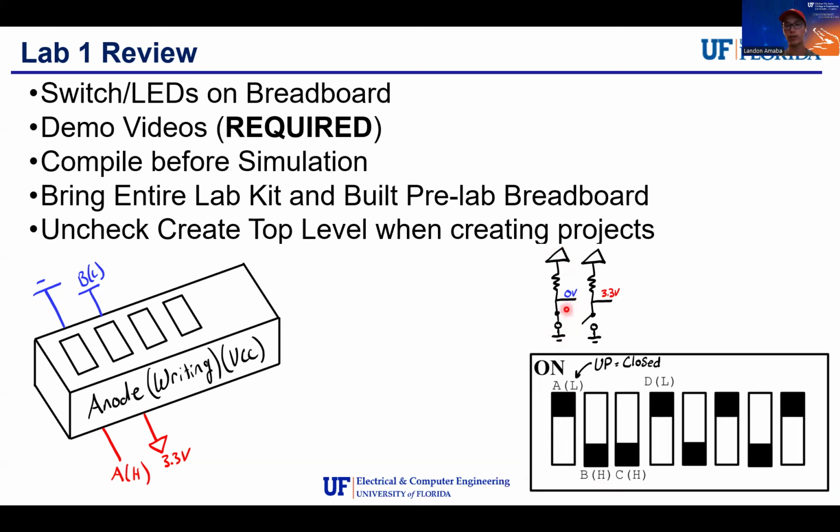So when the switch is closed, this signal will get pulled down to ground, and 0 volts for our active low signals is the true position. Consequently, when this is down low, it means the switch is not closed, so there's no connection to ground, and the output will be 3.3 volts, which is true for our active high signals. So that's a quick clarification for anyone a little confused.